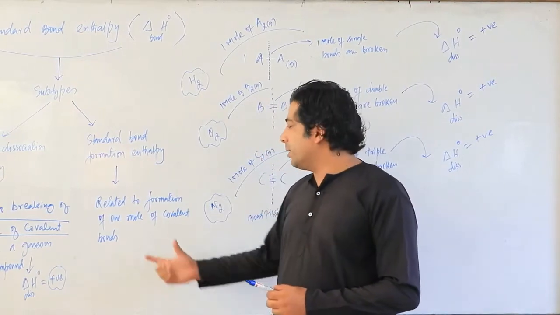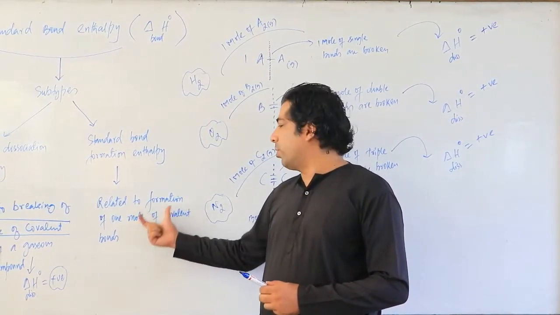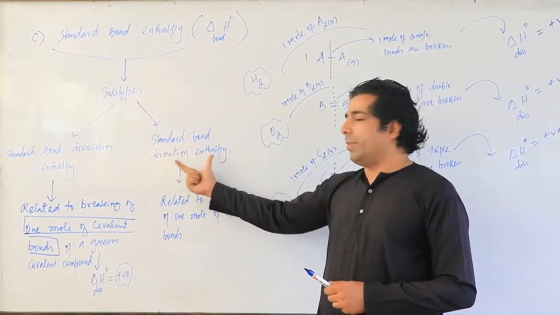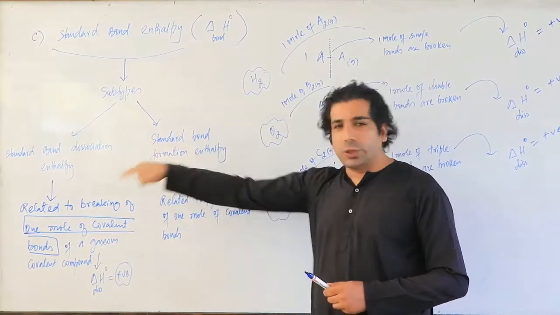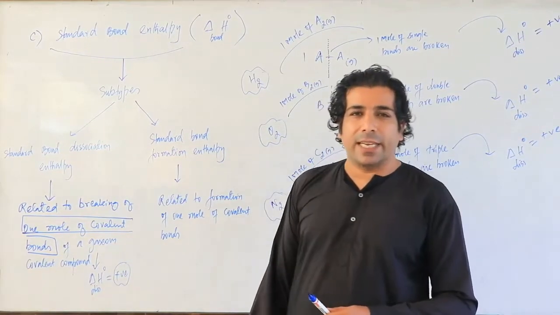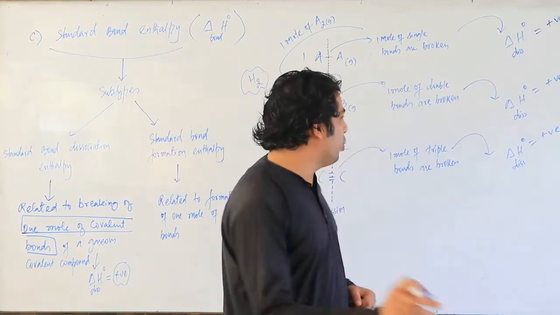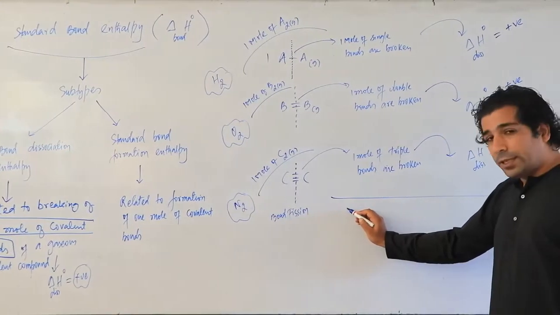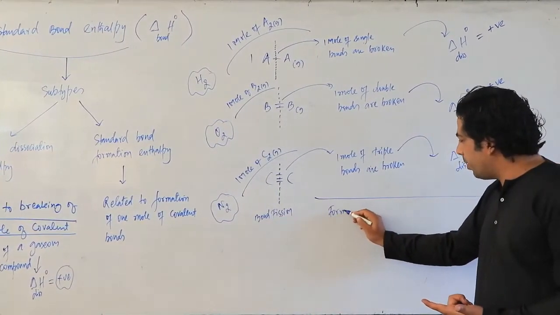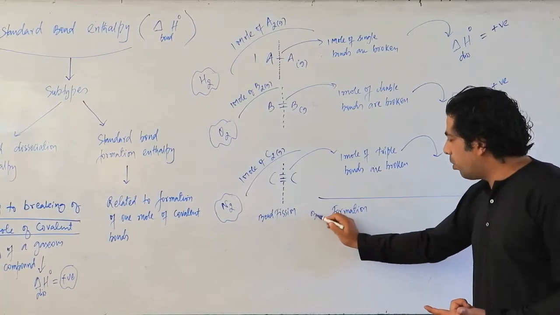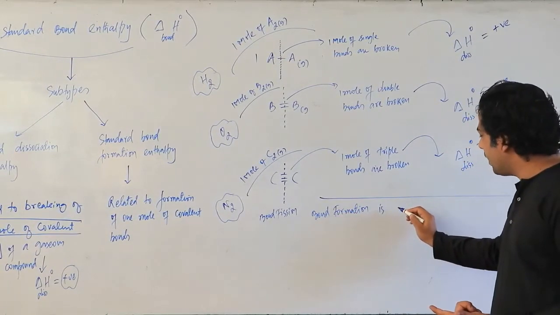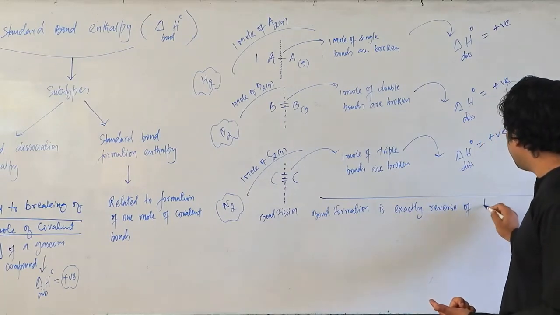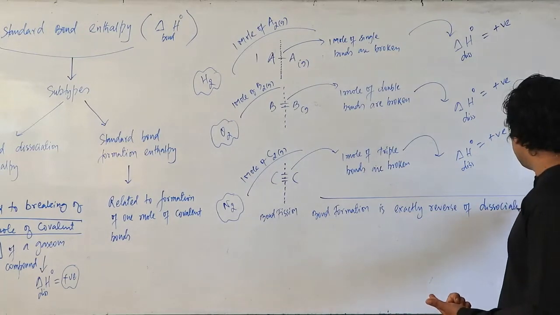And when we look at the relation with respect to the formation of 1 mole of covalent bonds, it is basically a standard bond formation enthalpy. It is exactly opposite of dissociation. Formation is exactly opposite of dissociation. So I told you last time, if you remember, that bond formation is exactly reverse of dissociation.